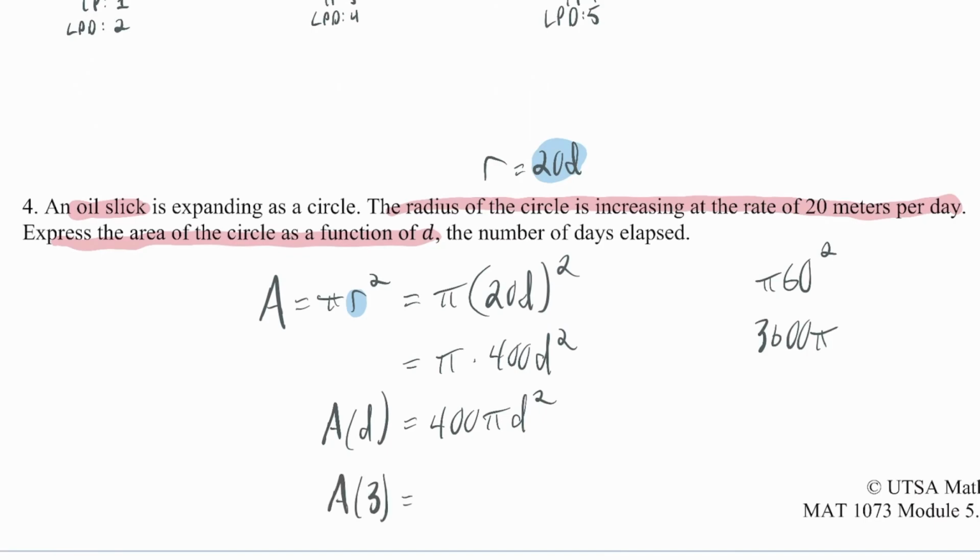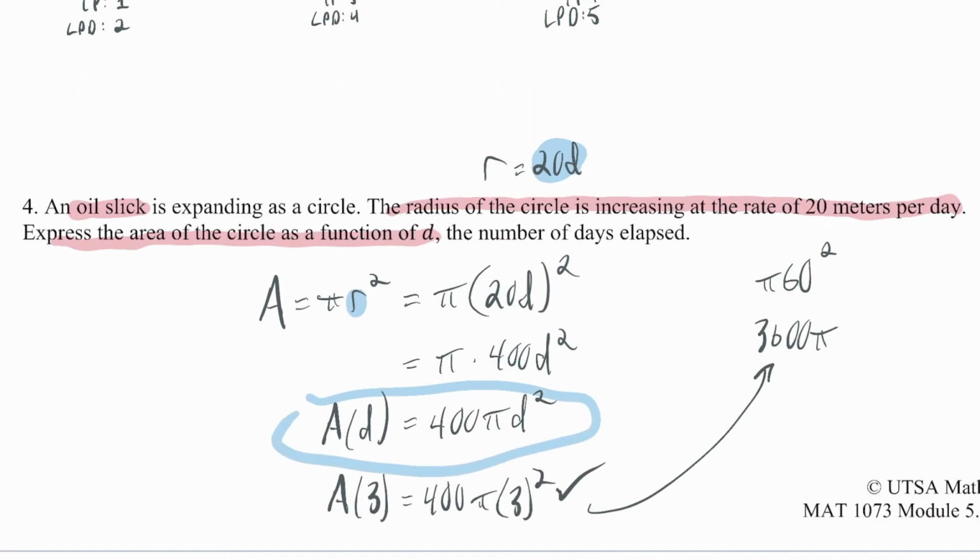A of 3 equals 400 pi times 3 squared, 9 times pi. Oh, that's right. So that's the same number as this one up here. So if I'm worried that I'm going to make an error in this, I can work out the formula and then separately just do it numerically with some number, 3, 4, 5, pick some number, and see that my formula seems to get the right number when I do things numerically.